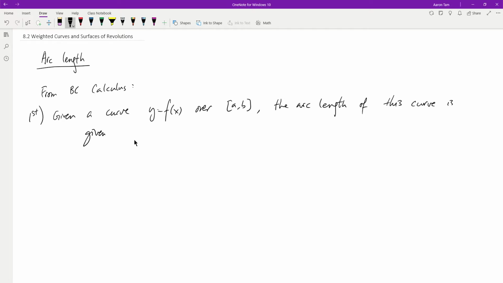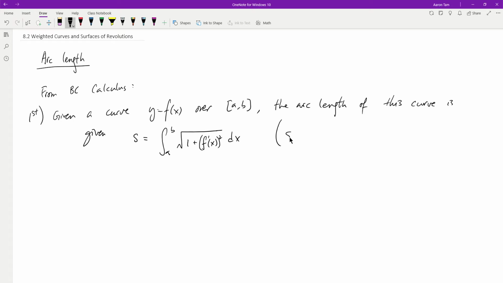I don't know what your last year's teacher used, but in here we use the letter S to represent it. S is equal to the integral from a to b of the square root of 1 plus f prime of x squared dx.